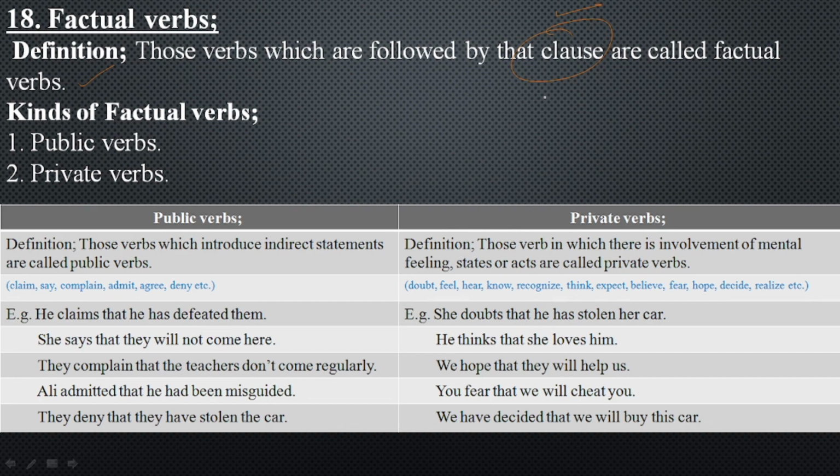A clause is a group of words which has a subject and predicate, and sometimes gives clear and complete meaning, sometimes does not. When it gives clear and complete meaning, it is called an independent clause.